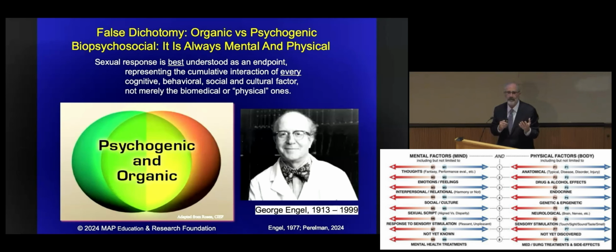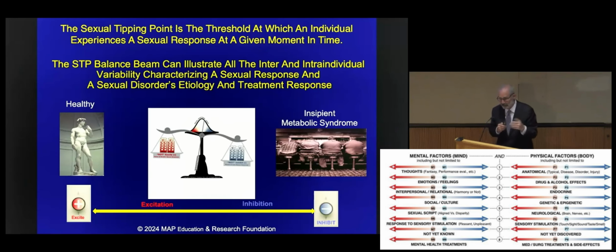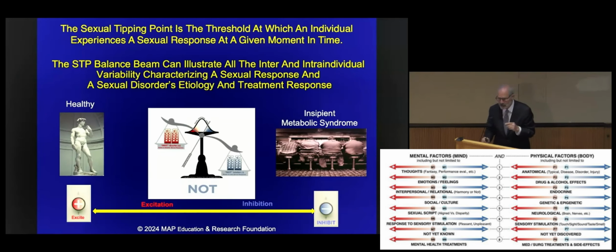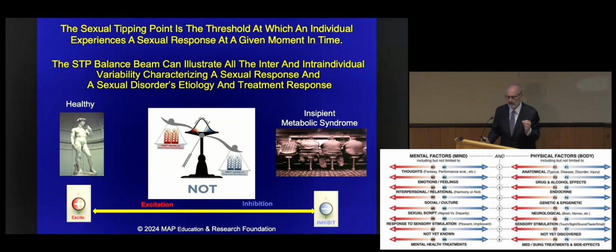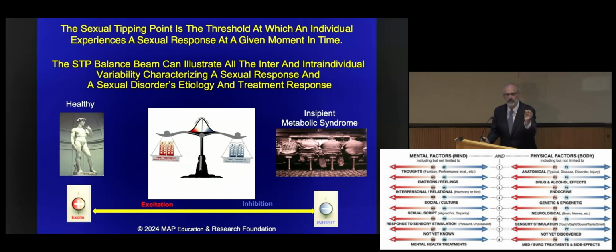Now, of course, this mind-body concept is older than Descartes, not just George Engel and his biopsychosocial model. Now, the sexual tipping point is a threshold at which an individual experiences a sexual response at a given moment in time. So that's going to change.